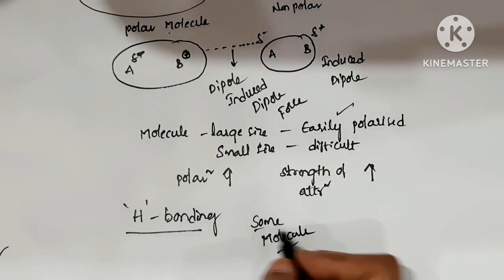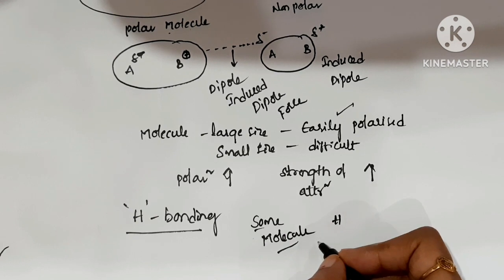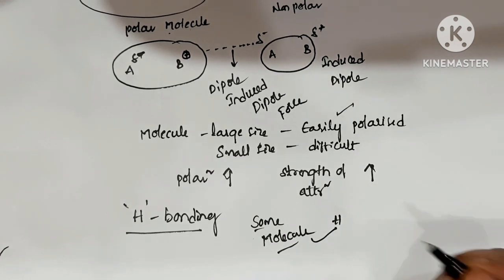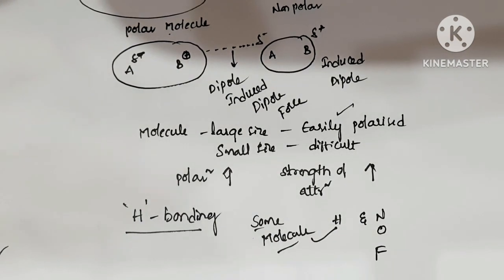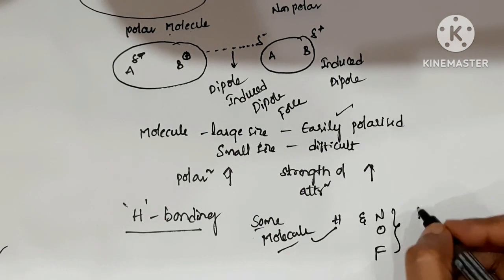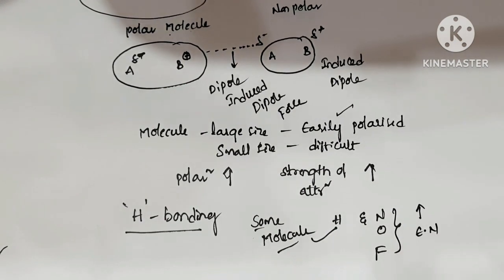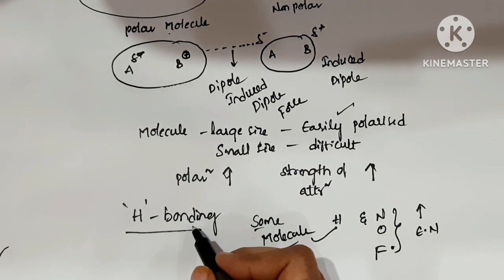Some molecules means the molecule contains hydrogen and also nitrogen, oxygen, fluorine. All these have high electronegativity, right? So if the molecule contains these high electronegativity atoms, then we can see the hydrogen bonding.